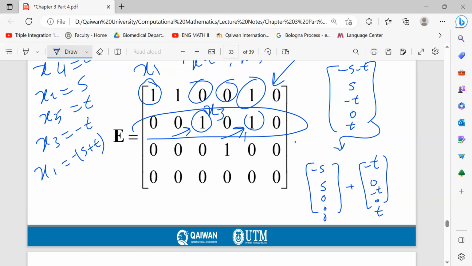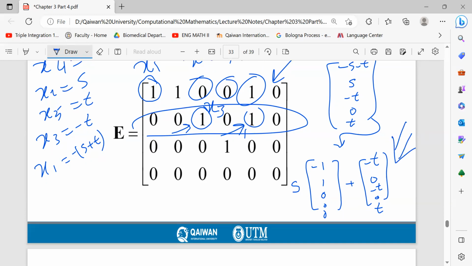If we take s as the common factor here, what do we get? Here we get minus 1. Here we get 1. So we take s as the common factor. If we enter s to that vector, we get minus s, 0, 0, 0. And even here, if we take t as the common factor, what do we get?